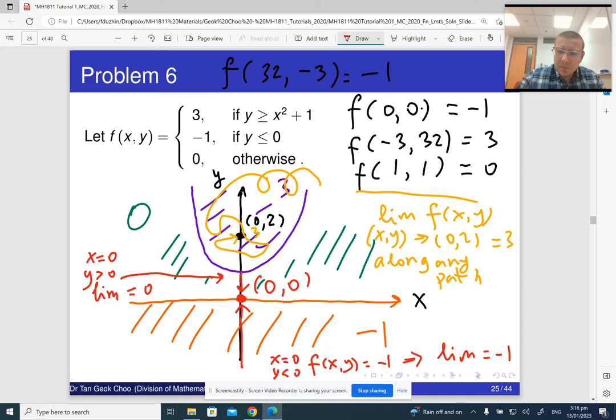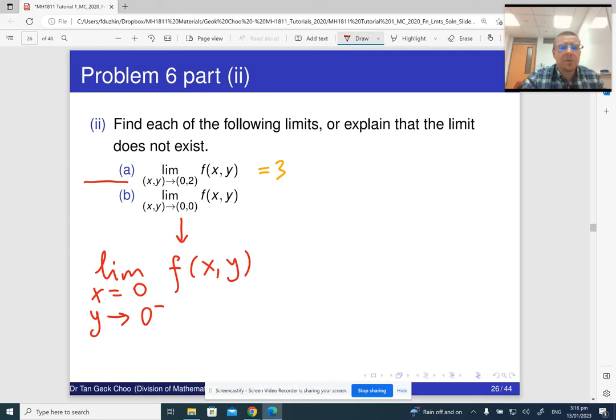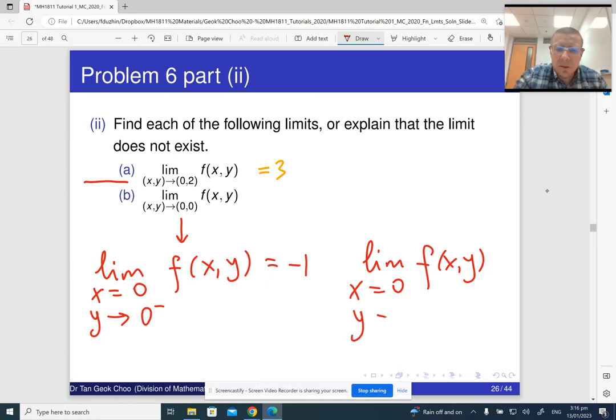Okay, so in part B, the limit of my function as x is 0 and y approaches 0 from below, y negative, is going to be -1, but the limit of f of (x, y) when x is 0 and y approaches 0 from above is 0.